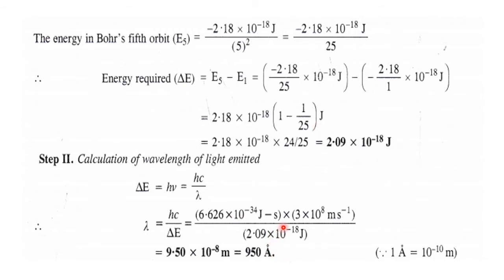So after substituting the energy value, we get 950 angstrom, or in terms of meter, it is 9.50 into 10 to the power minus 8 meters. This is the lambda associated with energy 2.09 into 10 to the power minus 18 joules between the 1 and the 5.